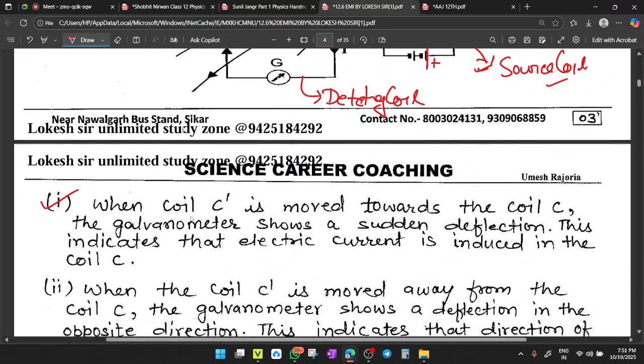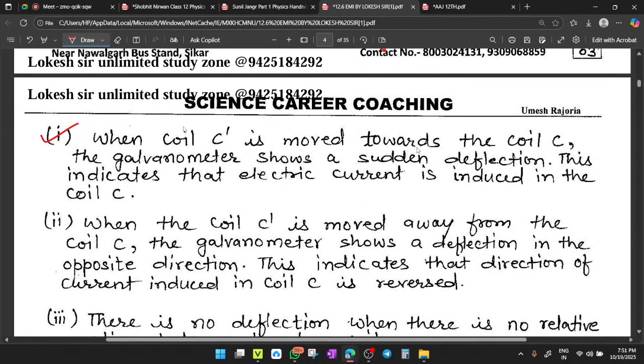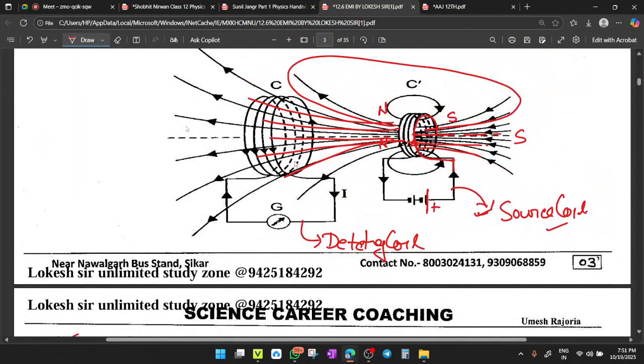Now, what is happening when coil C dash is moved towards the coil C? If this coil C dash, this source coil, is moved towards the coil C, now tell me, is there an increase in flux related to the coil? Yes or no? Yes.